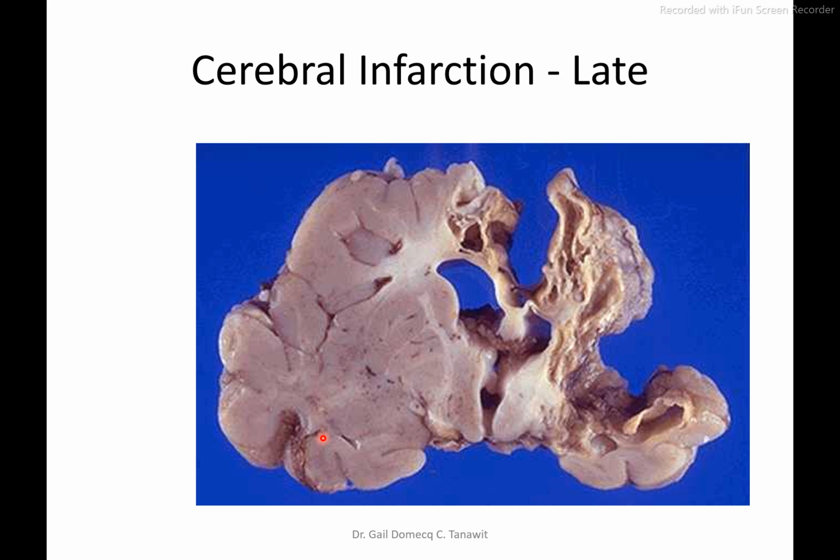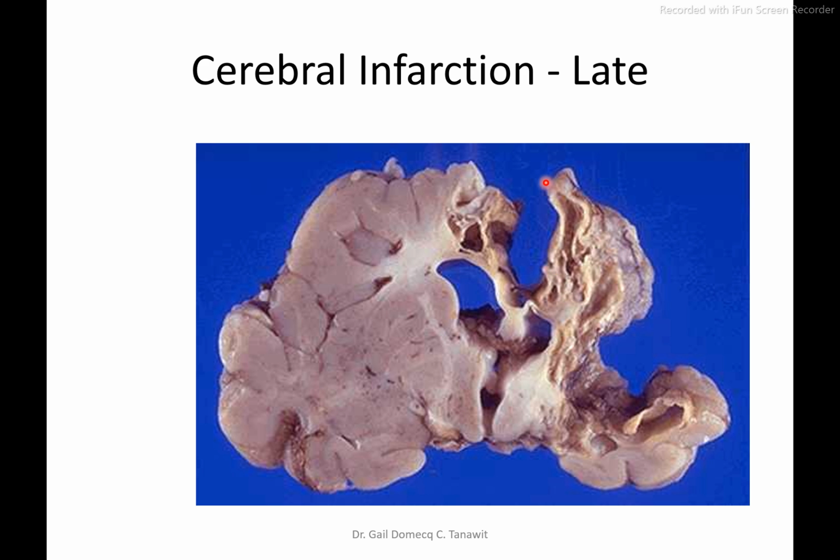Naka-decorticate na sila. Naka-flex na sila, tapos hindi na makapaglakad, or it's because ganito yung nangyari sa brain nila pag in-autopsy. Namatay. Nagkaroon ka ng infarct. And you know that, more or less, medyo wide ito.